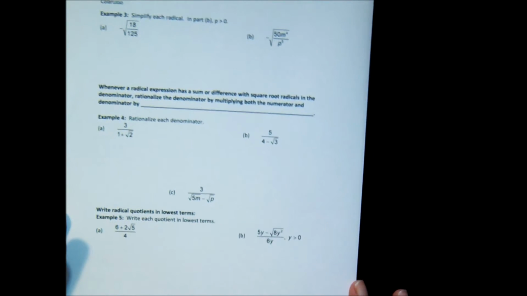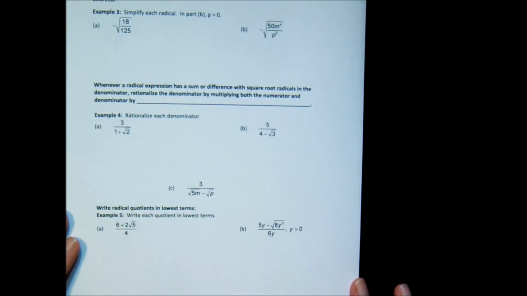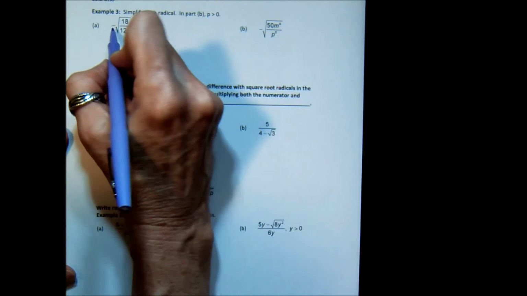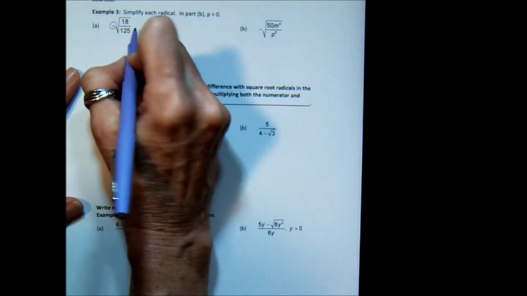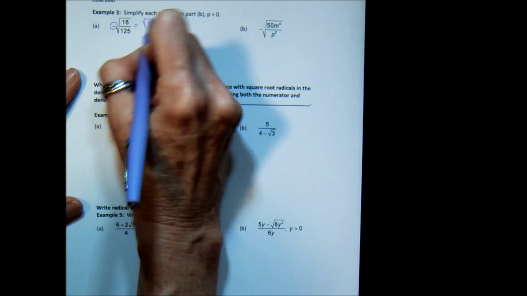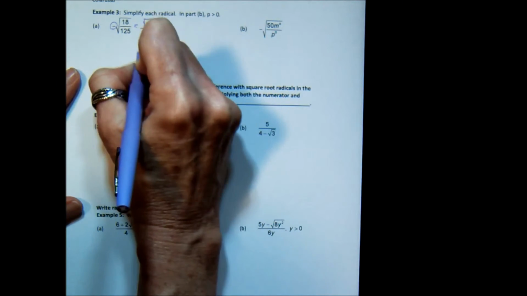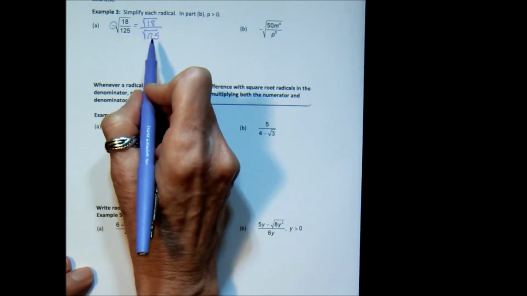Let's try another one. It says simplify each radical. So we're going to look at simplifying and not leaving any radicals in our denominator. We know at the end we'll stick a negative on. I know I can split this into two smaller radicals. Now I don't want to multiply by square root of 125.